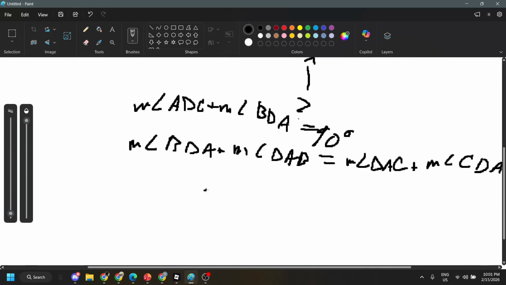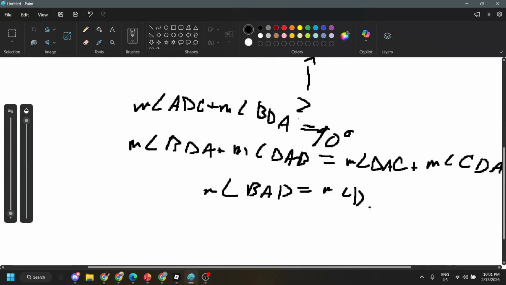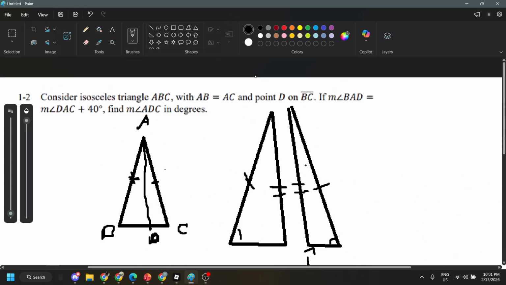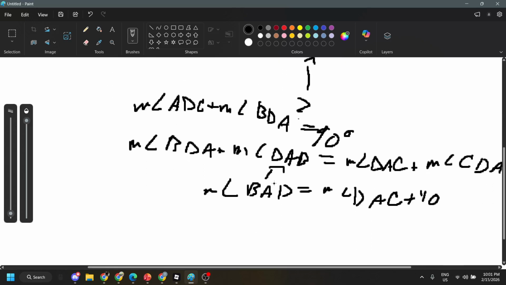Okay, and then we also know that the measure of BAD is equal to the measure of DAC plus 40, which is this. So when we're looking for the measure of ADC, if we find the measure of BDA, then we find the measure of ADC.